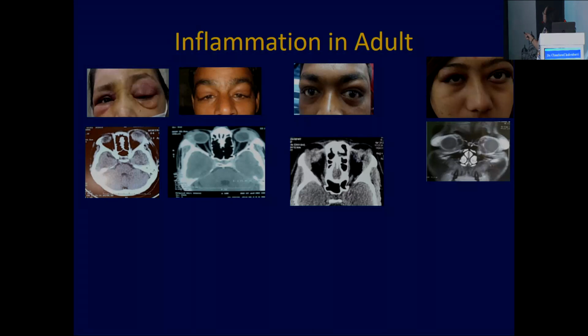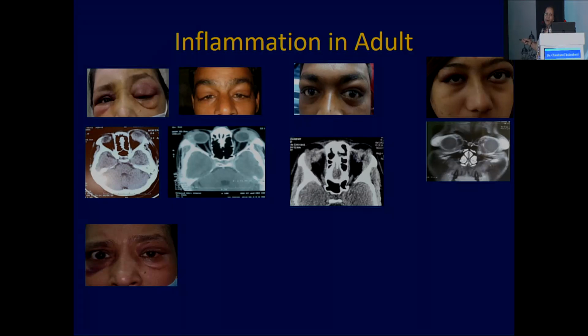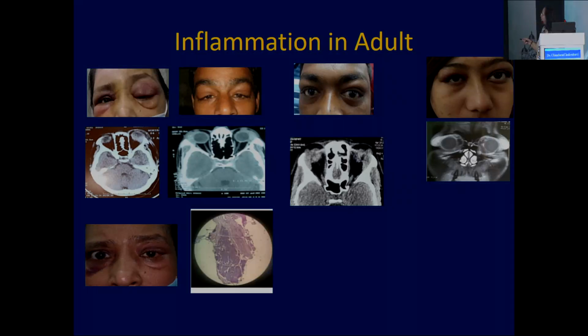Another 25-year-old female, with a hyperintense lesion in T1, showing that the patient was suffering from this type of inflammation on and on for quite a long time. So there was a sclerosing lesion. After starting the steroid, look at the response. Within 48 hours, the patient responded.